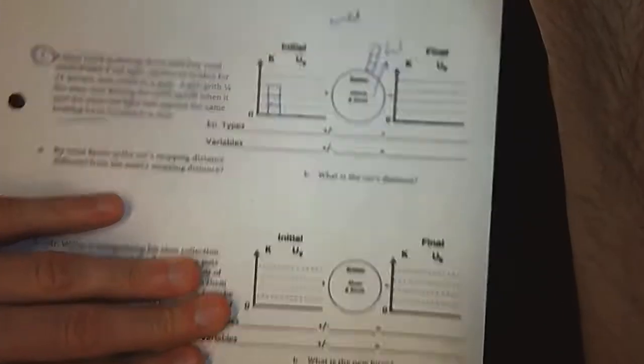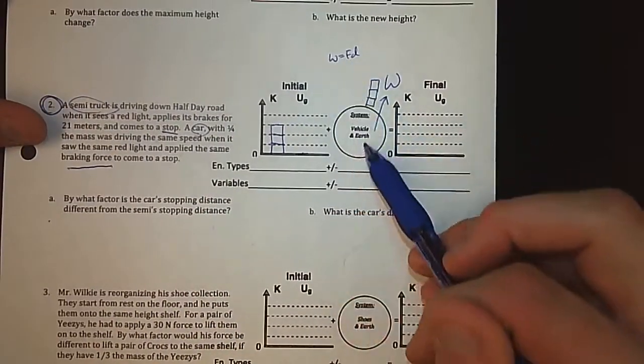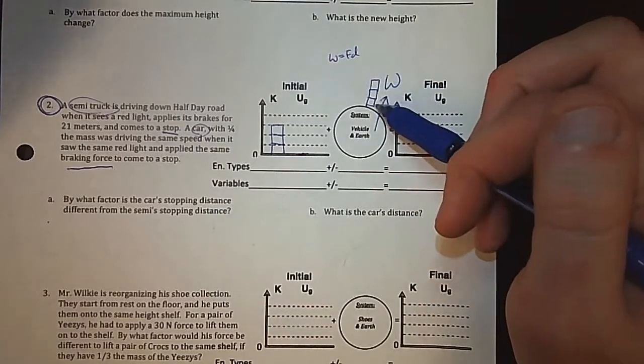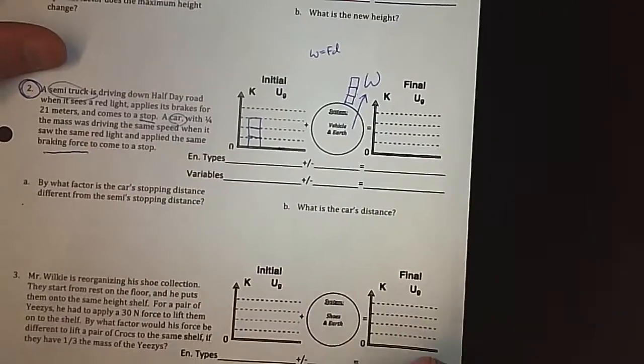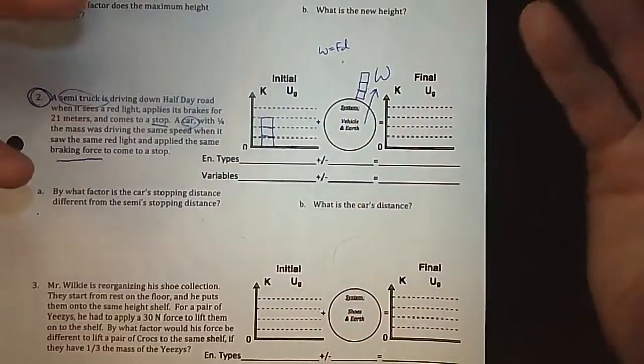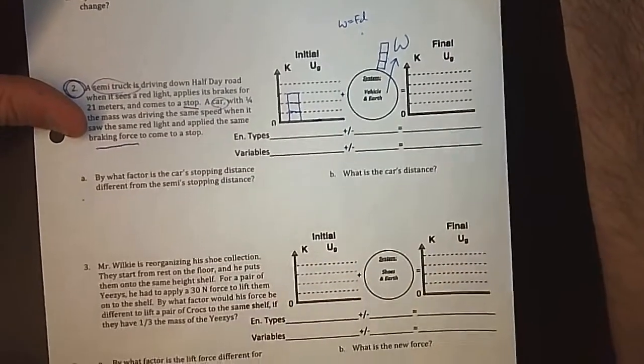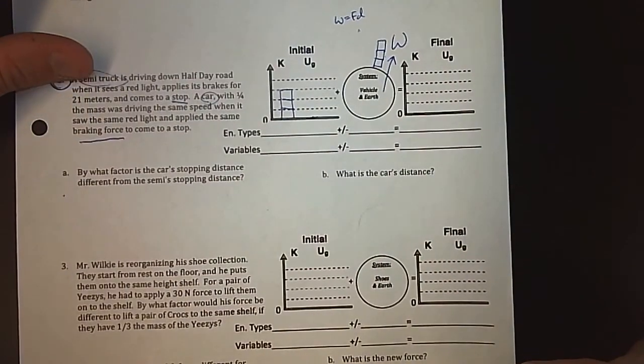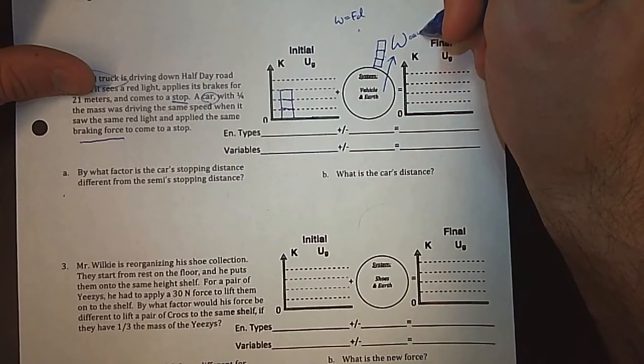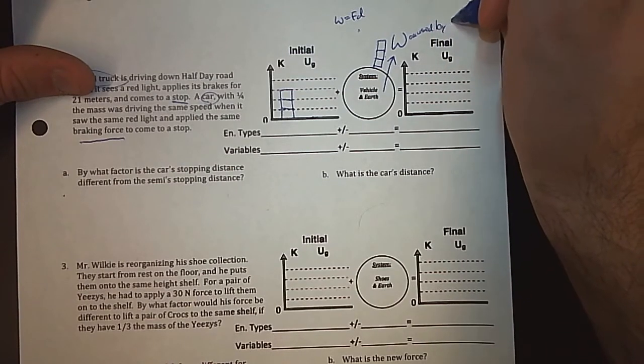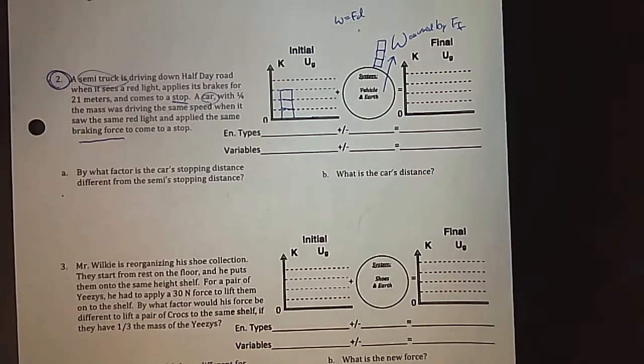So that makes sense that work would be leaving my system. There are 2 ways I could figure out that work's leaving. Also, friction would cause energy to leave the car or truck as it comes to a stop. So, work caused by the force of friction.